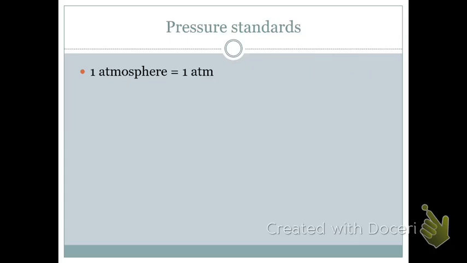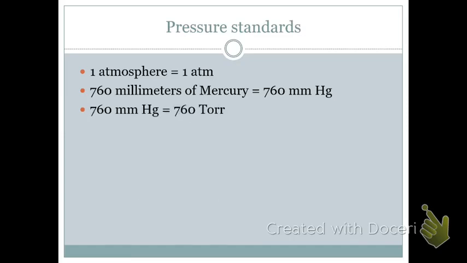The atmosphere is 1 atmosphere at sea level, or 760 millimeters of mercury if we want to measure it that way. That's at sea level. The gentleman who used the millimeters of mercury, we gave credit to him, so his name was Mr. Torr. So we also use 760 torr. So whether you see 760 in millimeters or you see it in torr, they're pretty much the same.